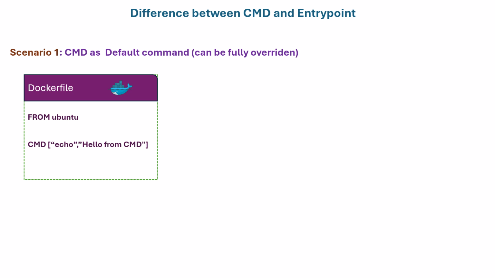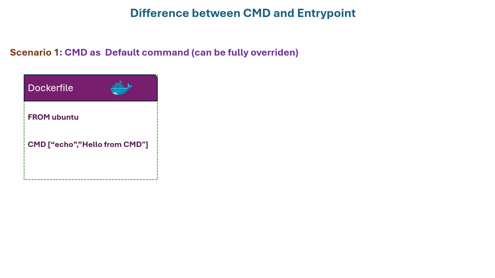Let us understand some of the scenarios for when to use CMD and ENTRYPOINT and even their combination. Let us understand scenario 1, where we are using only CMD and there is no ENTRYPOINT. You can see there is a Dockerfile here where we are setting up two instructions: FROM ubuntu and CMD with certain arguments.